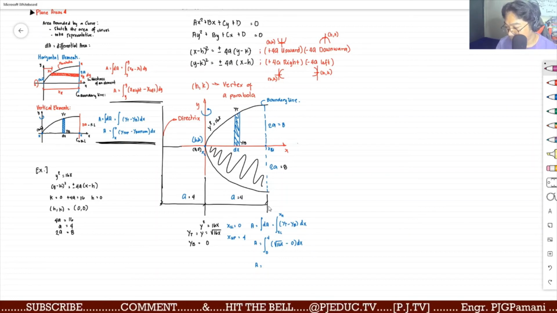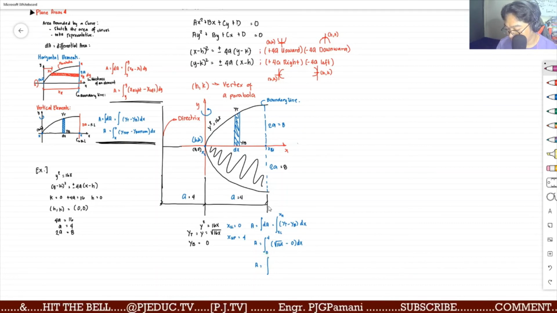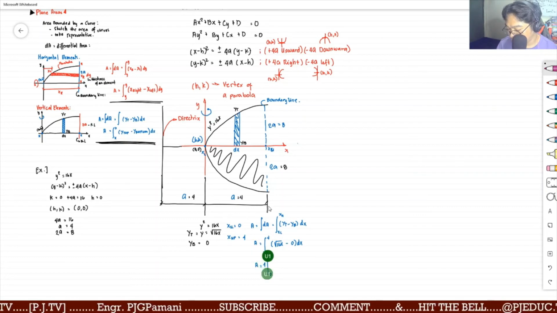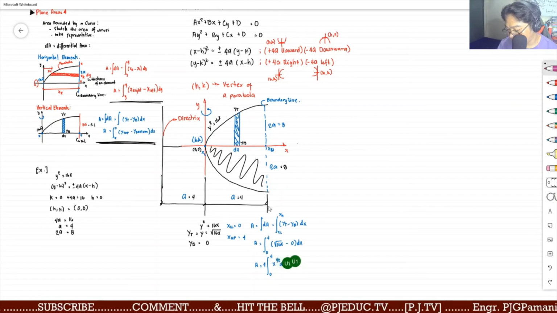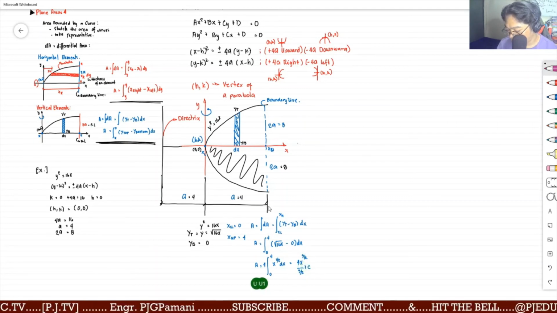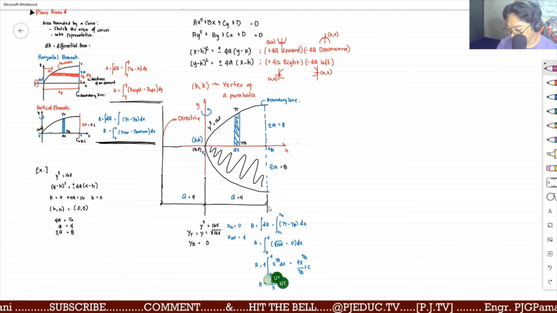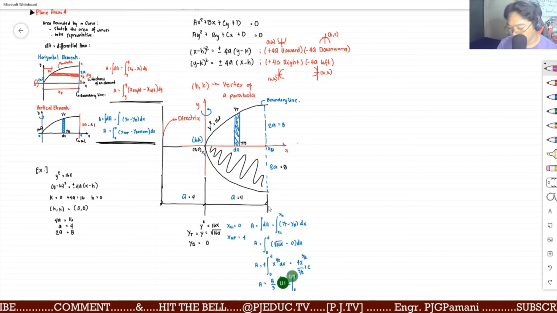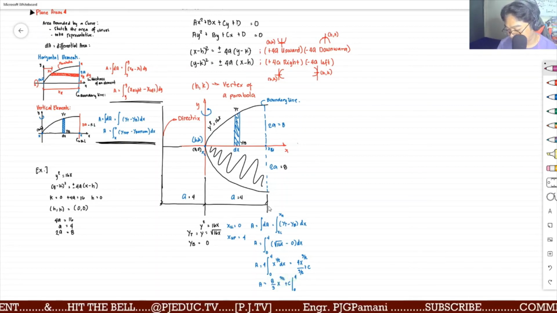Yung kagaya nitong drawing natin dito. So, ngayon, isosolve ko lang. Pakita ko lang paano na-solve. That is equals square root of 16x, that is 4, 0 to 4 of x raised to 1 half dx, which is equal to 4x raised to 1 half plus 1, which is 3 halves, over 3 halves, plus c, and A is equal to 8 over 3, x raised to 3 halves, plus c. Then apply your upper and lower limit of 0 to 4.